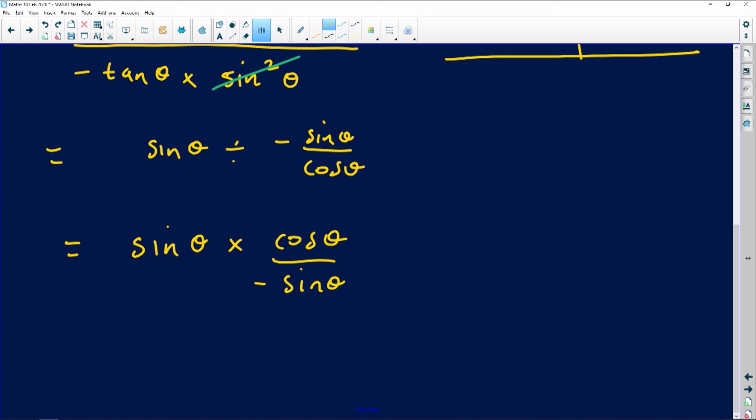That negative can be anywhere, by the way, beautiful people. It doesn't really have to keep following sine. So that will cancel with that. And then they said this needs to be a single trig ratio. You can see cos over negative 1 is just going to give us a value of negative cosine of theta, and that gives you exactly the simplification of this beautiful question.